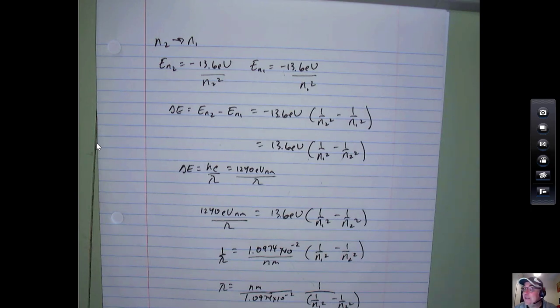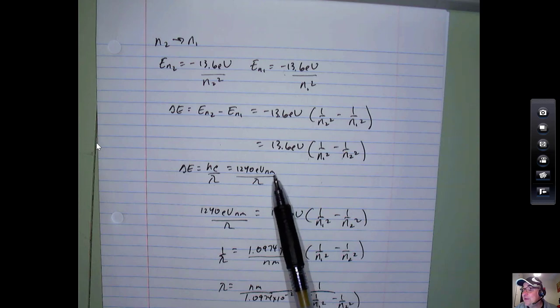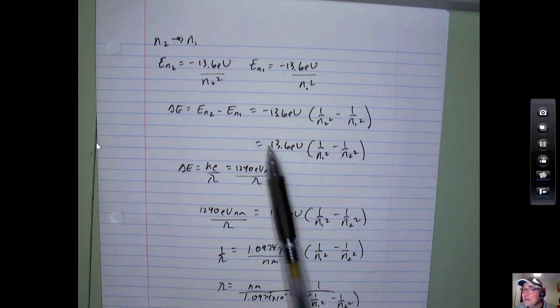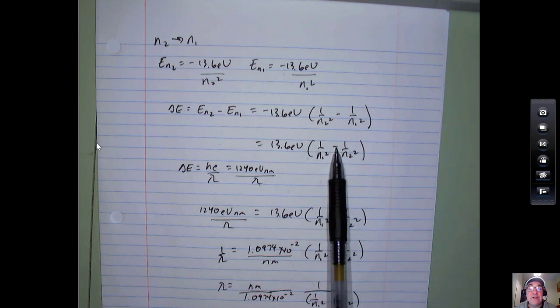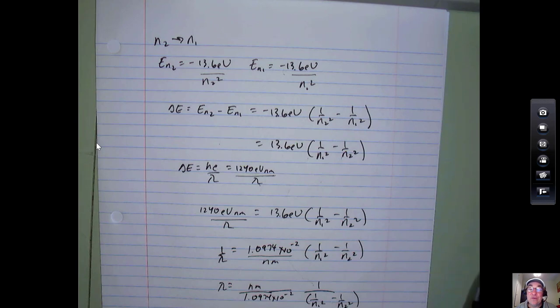What we've been working on recently, difference in energy, is hc divided by the wavelength, and we've used our nice hc as 1240 eV nanometers divided by the wavelength. So if the difference in energy is this quantity and the difference in energy is this quantity, those have to be equal to each other. So in this next step I've set those equal to each other.